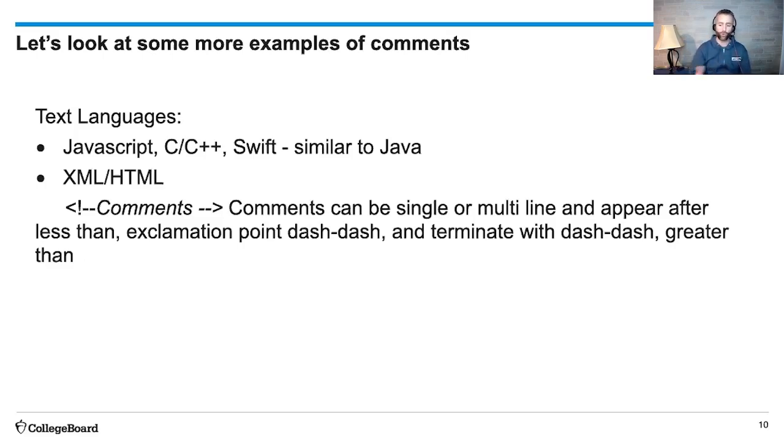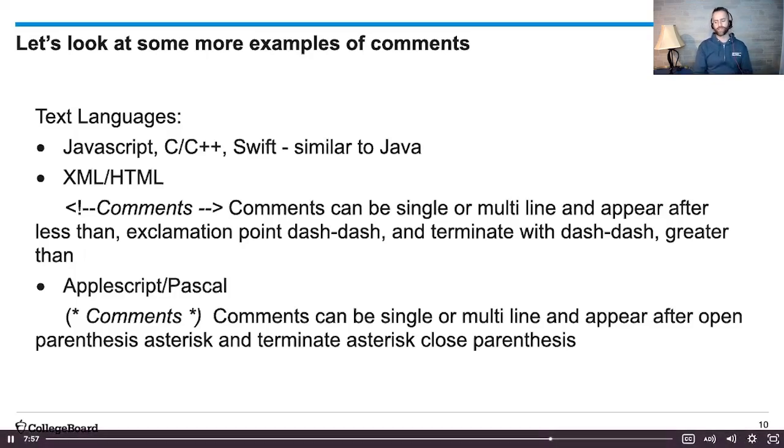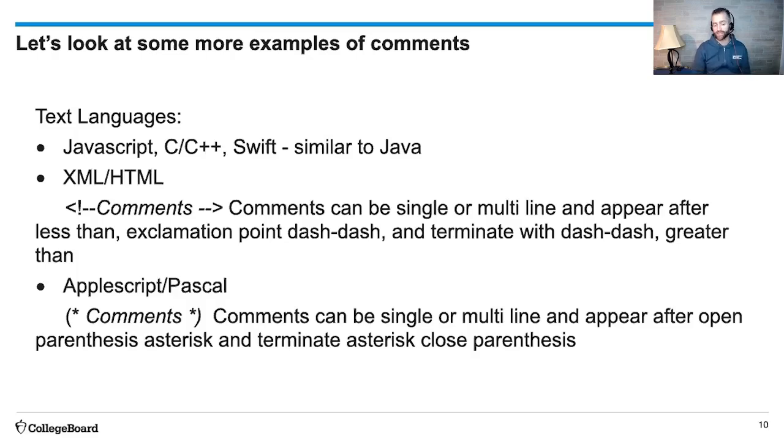And they can be single or multi-line comments. AppleScript or Pascal use a commenting scheme that looks like this with parentheses and the asterisk. All right, and these are just a couple of examples of text languages and their commenting schemes. But there's tons and tons of other languages, and some of them use similar commenting schemes, others use different ones. You just have to look up in the programming language documentation what their commenting scheme is, if they offer a commenting scheme.